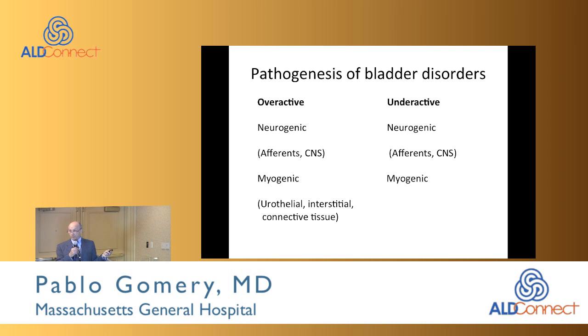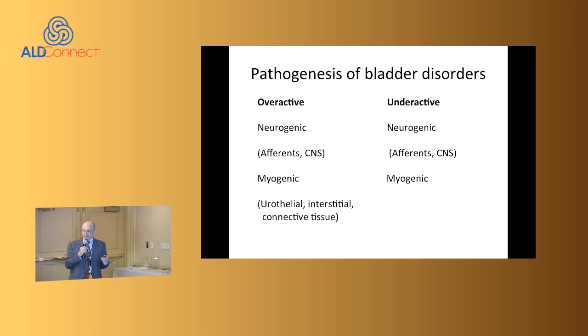We're also learning over the last 15 years that because the bladder is such a complex organ that we really didn't know, there are all sorts of neurotransmitters constantly communicating between the various tissues of the bladder, along with going to the afferents, going to the spinal cord. And the bladder can become underactive for various reasons. The interesting thing is that if you think about it as an analogy to congestive heart failure, the bladder is also smooth muscle that contracts.